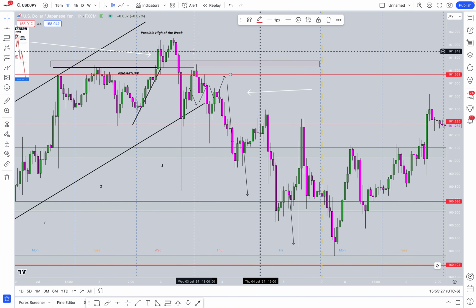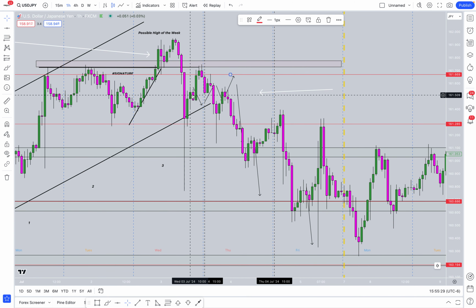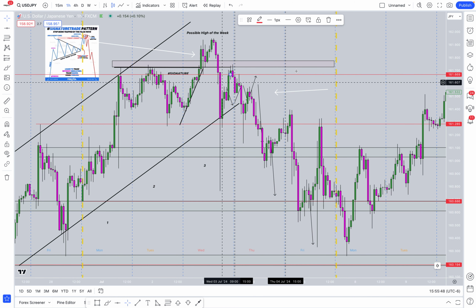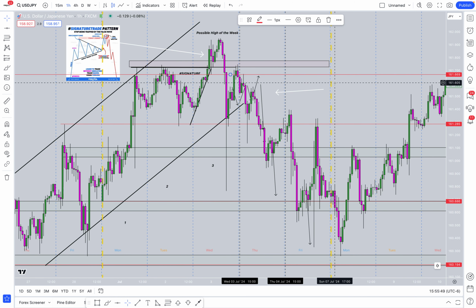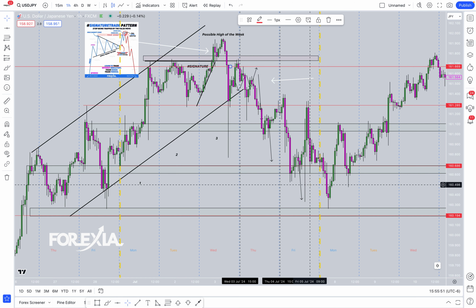I started the price projection right around here, and a little bit after I sent the sell limit order, price pumped up, got to that zone I was projecting, and then went all downhill from there, a complete reversal.